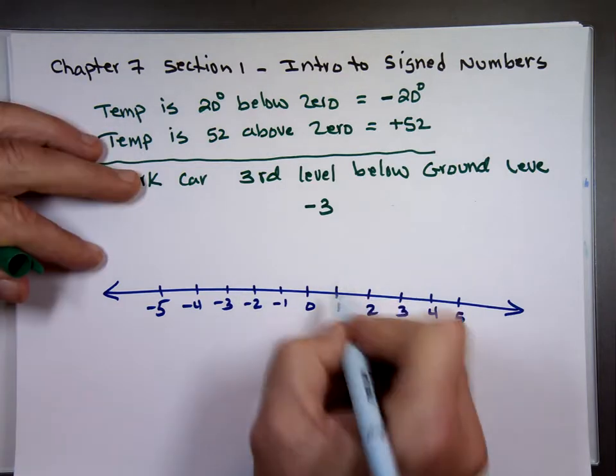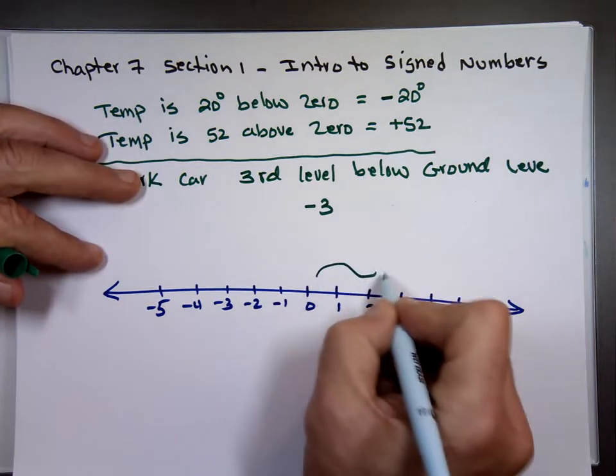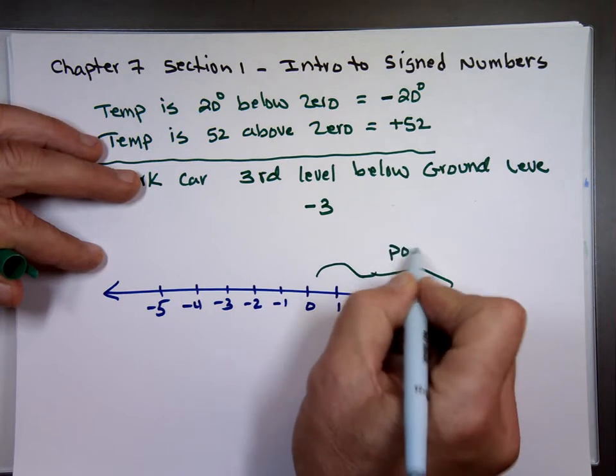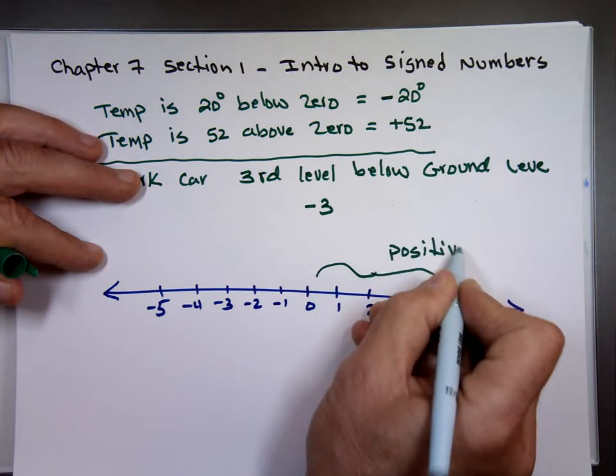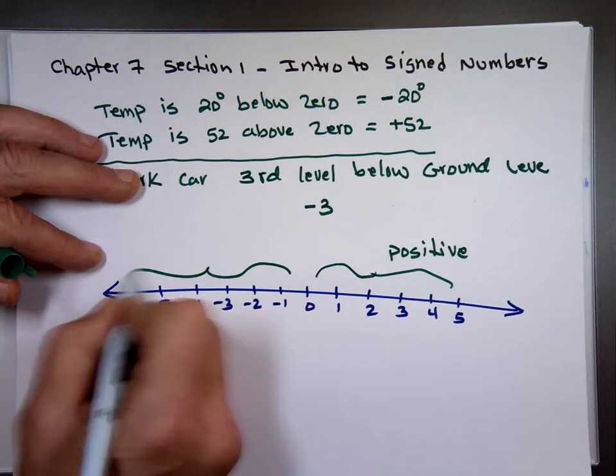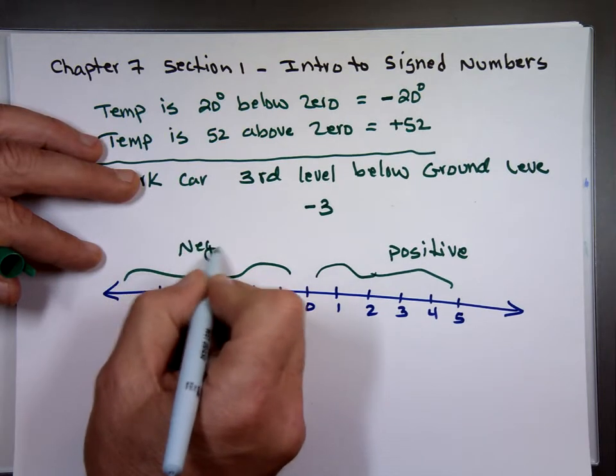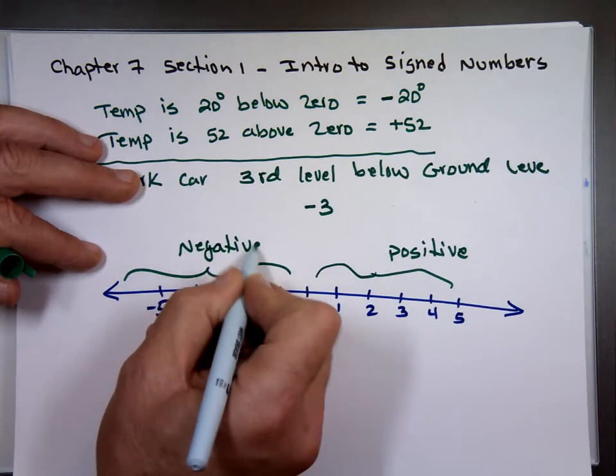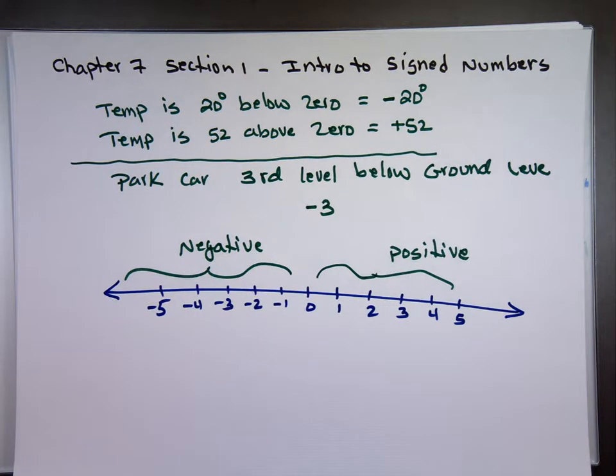Again, positive. Those numbers are what? Negative. What about the 0? Is it positive or negative? Neutral? Exactly, neither. It's not a positive number nor a negative number.